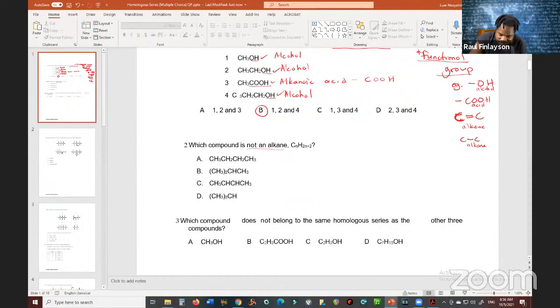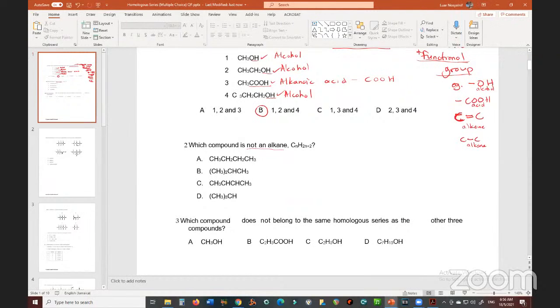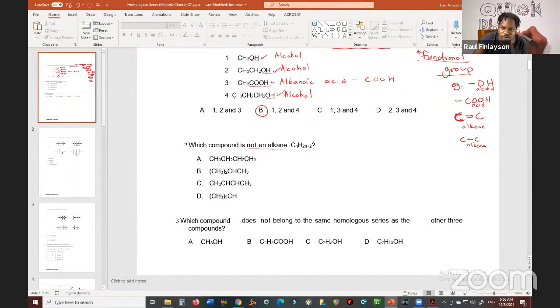Is it all of these now, guys? The question is, it's not drawn out, so it's not a structural formula. If they ask you to write this in a molecular formula, it would look like this. That's one way you can look at it. How many C's do you see in here? 1, 2, 3, 4 C's, right?